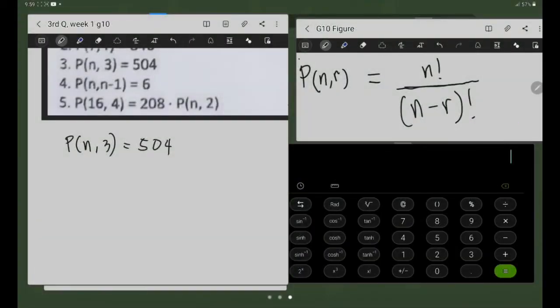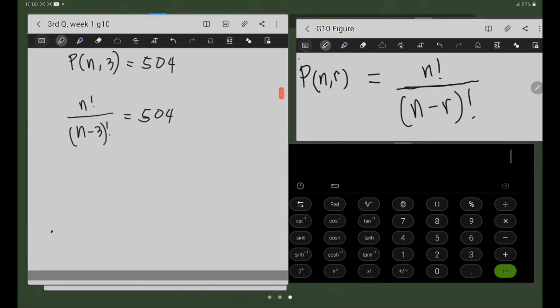So itong number 3, okay, sagutan natin ito. So gamitin natin ito. So meron tayong n factorial over n minus 3 factorial is equal to 504. So ito, simplify natin.